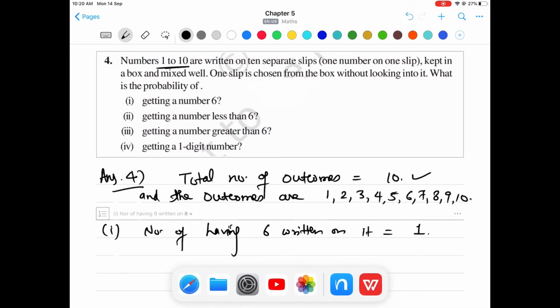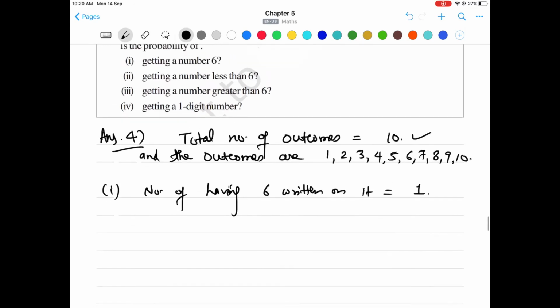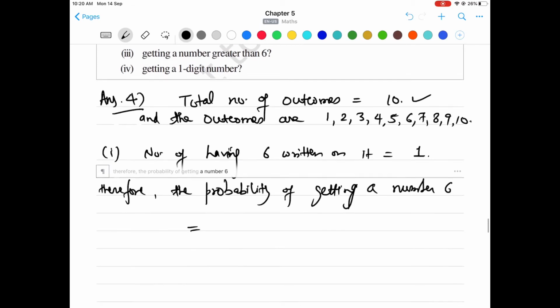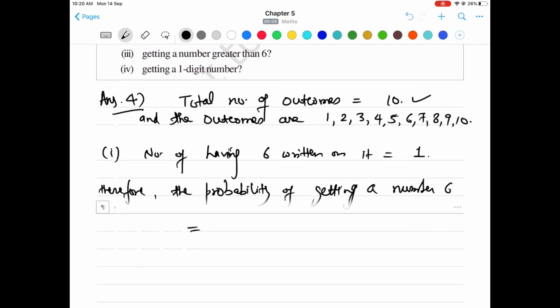So therefore the probability of getting a number 6 is equal to the number of slips having 6 written on it, which is 1, and the total number of slips, which is 10. So the probability is 1 by 10.